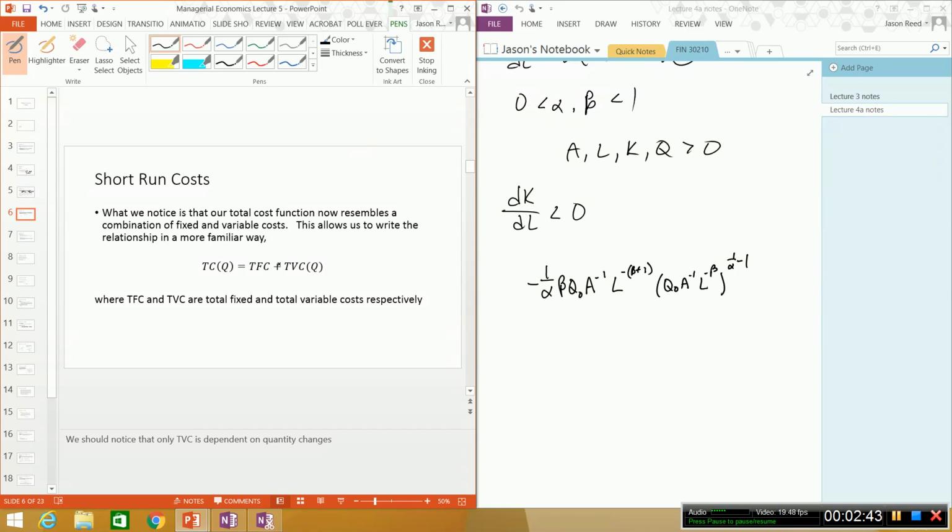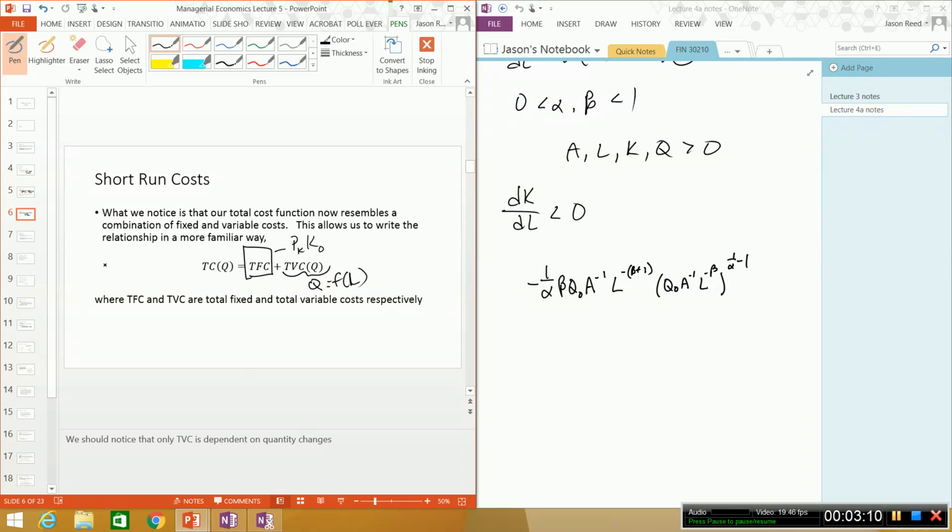Given that we've assumed capital is fixed, we can rewrite it in a different way, because this is the rental price of capital times that fixed capital, and that's our fixed cost. Our variable cost is dependent on Q, which in turn is a function of labor.